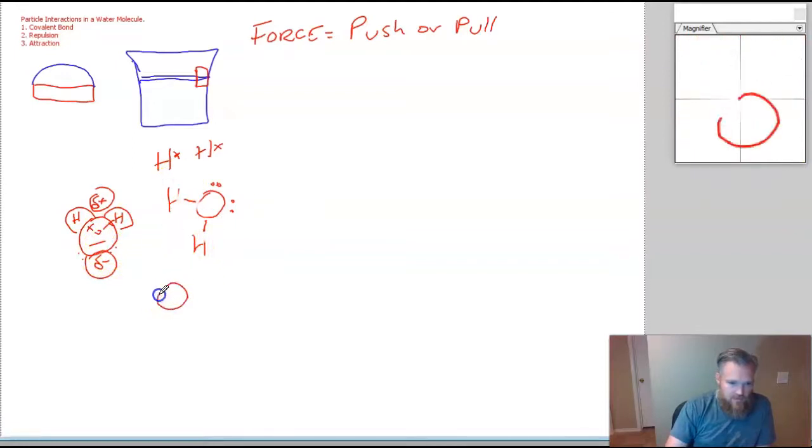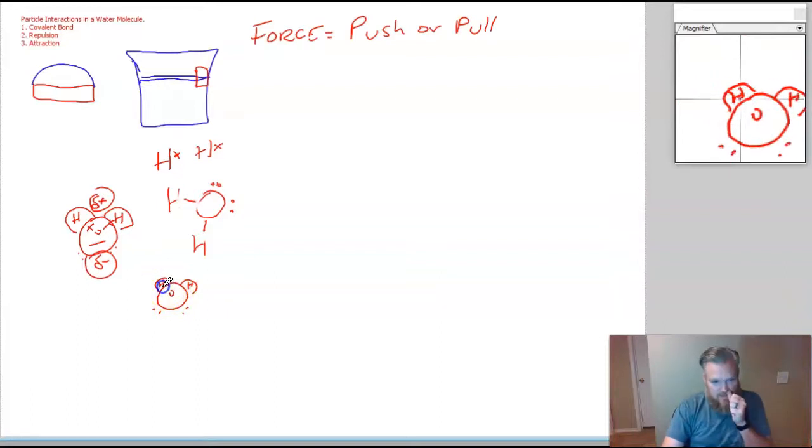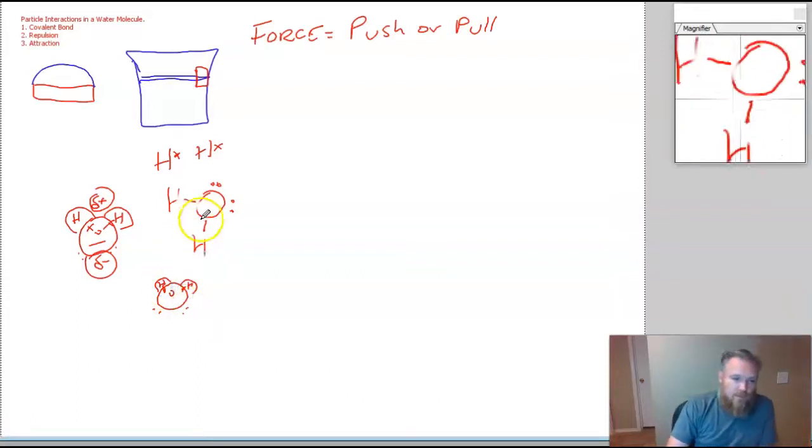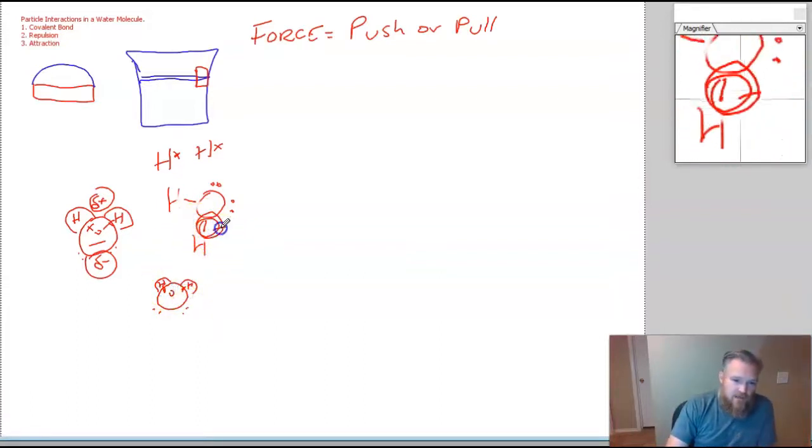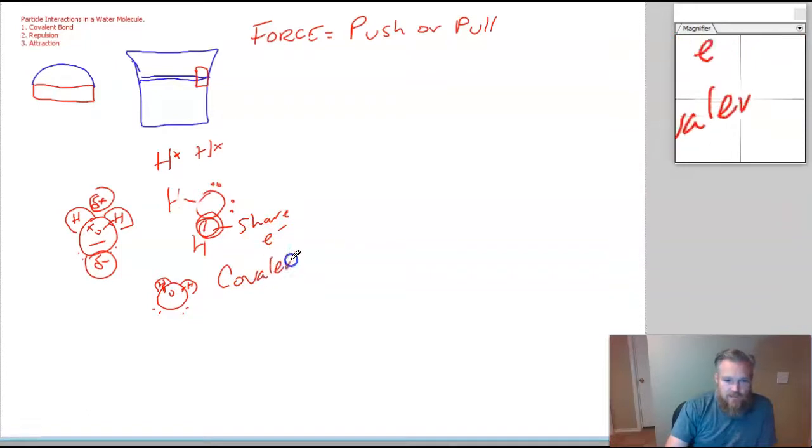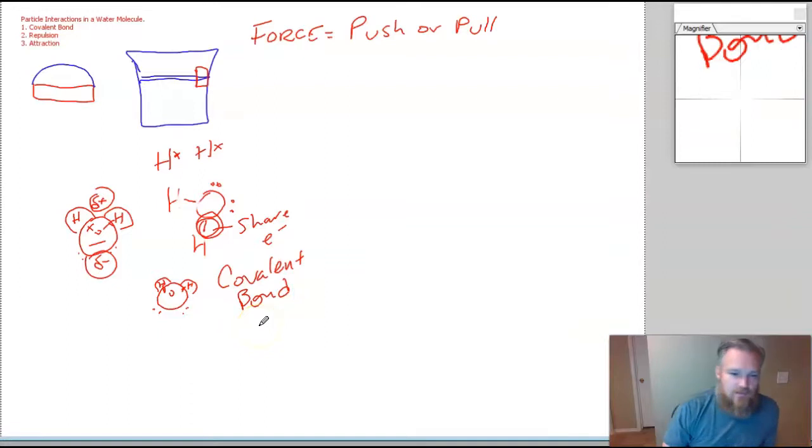So if I flip the orientation of that, I have my lone pairs here, and opposite those lone pairs become my hydrogen bonds. These bonds right here, remember, resulted from the sharing of electrons. And when we share electrons, that is called a covalent bond, which occurs between 2 nonmetals.